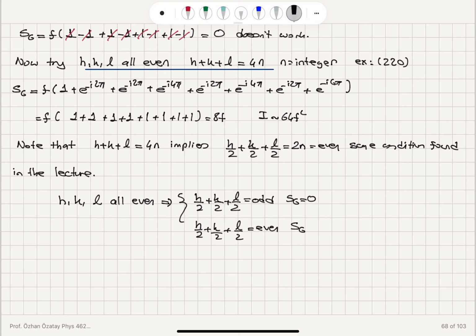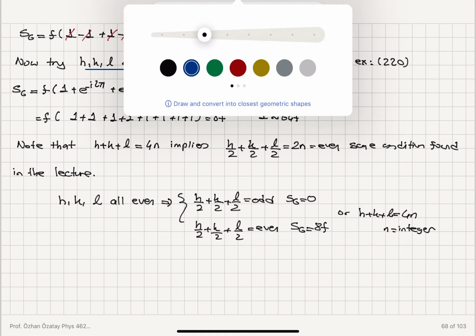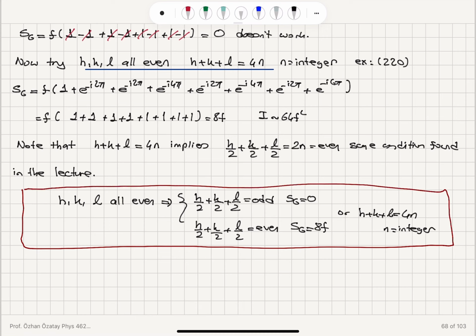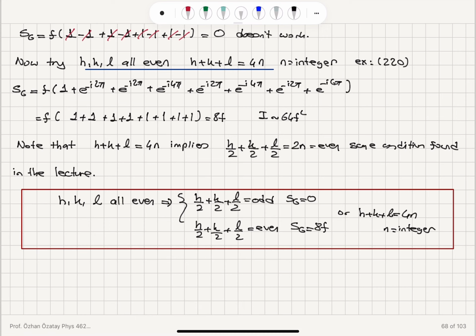Then we have the geometrical structure factor equals 8F, or we can say H plus K plus L must be equal to 4 times N, where N is an integer. So these two conditions are equivalent. So this is our final answer.